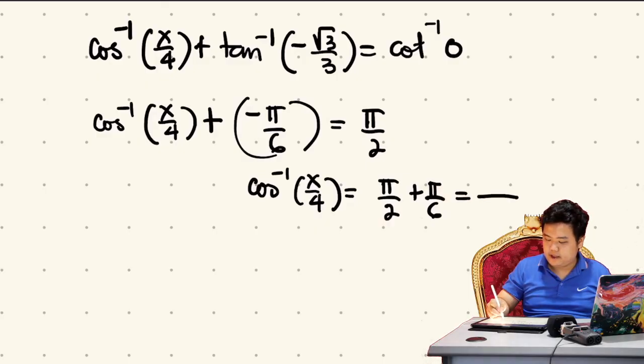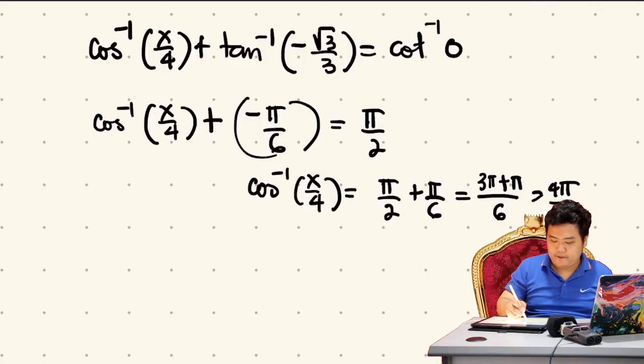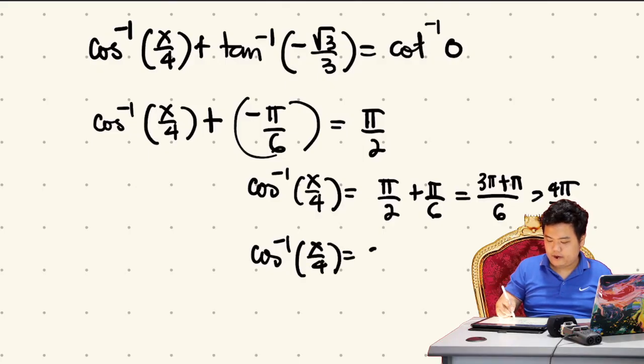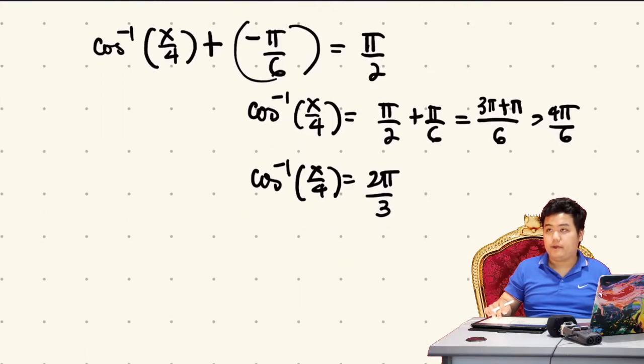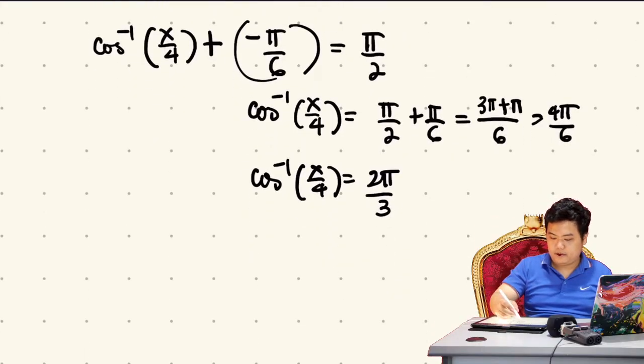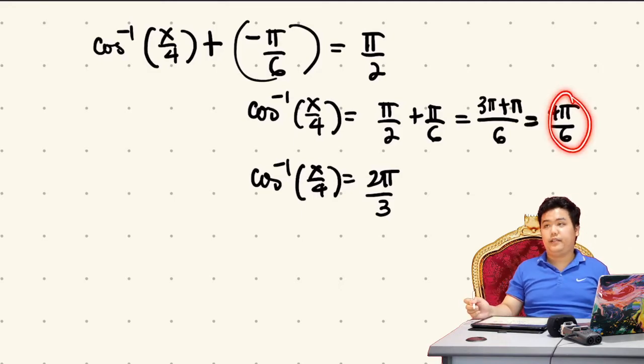Ang LCD is 6, pi plus 3 pi over 6. Okay, so 4 pi over 6 or 2 pi over 3 tama na. So, cosine inverse x over 4 is 2 pi over 3.